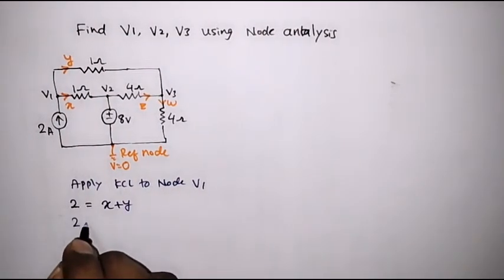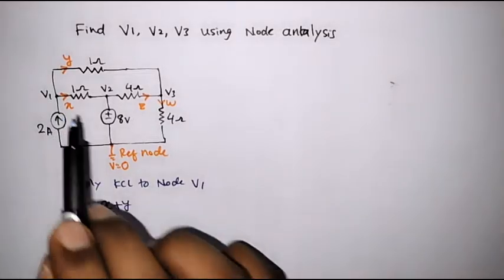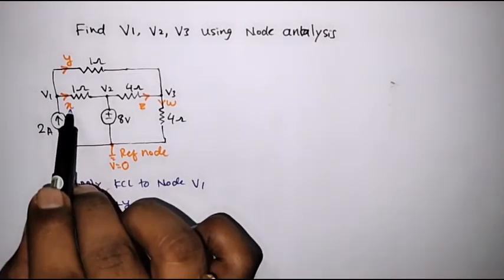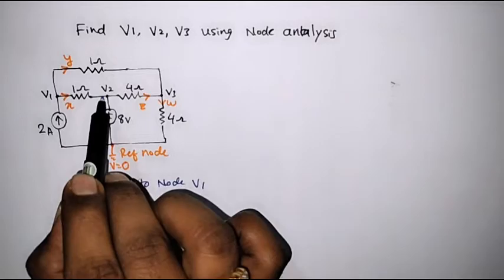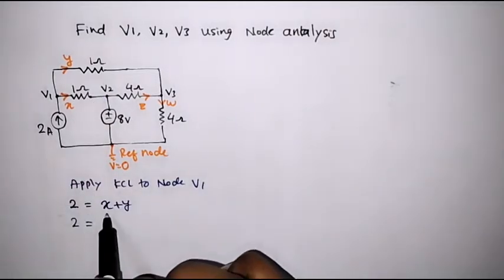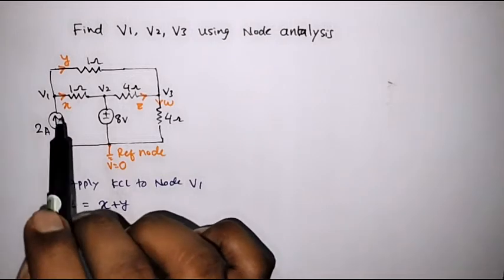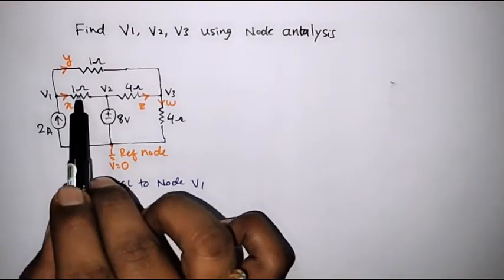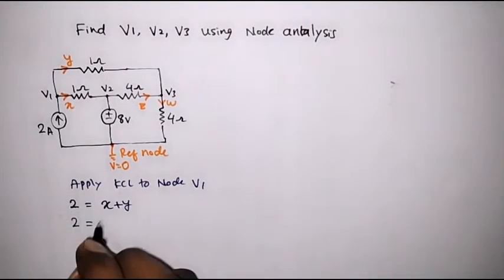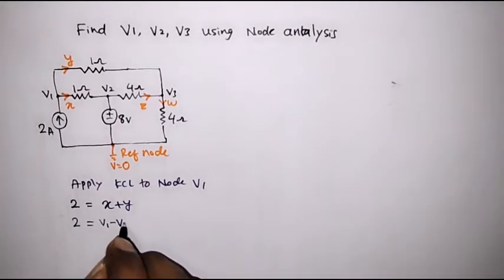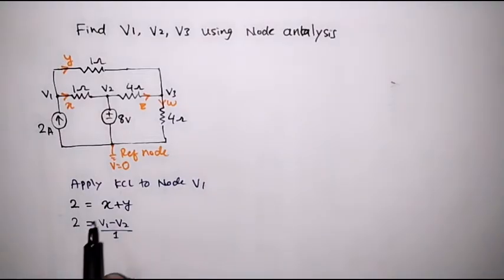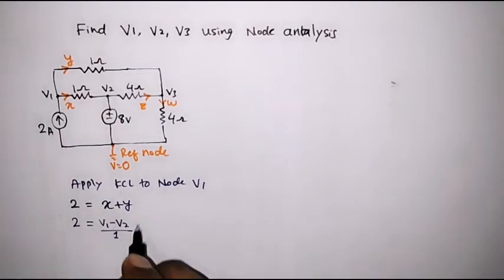X is the current which is flowing from V1 towards V2. So I can represent X in terms of node voltages as the potential difference between V1 and V2 divided by 1. That is, X is equal to V1 minus V2 divided by the resistor value, that is 1, because we know that current is equal to voltage by resistor.